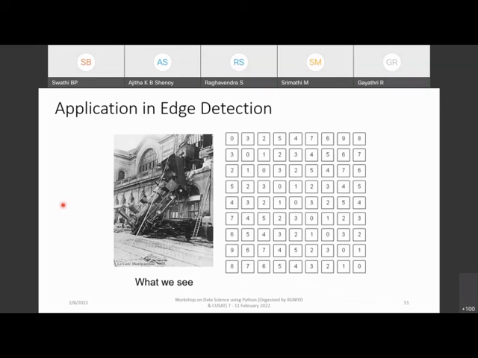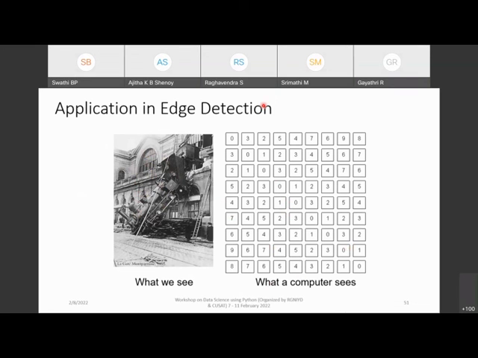Now, why I have taken this differentiation is to show you the application of calculus in data analysis. If we see this particular image, it looks like this to us. Here you have a building, here you have a staircase and all those things. But when you ask the computer, it will see this image in this particular format.